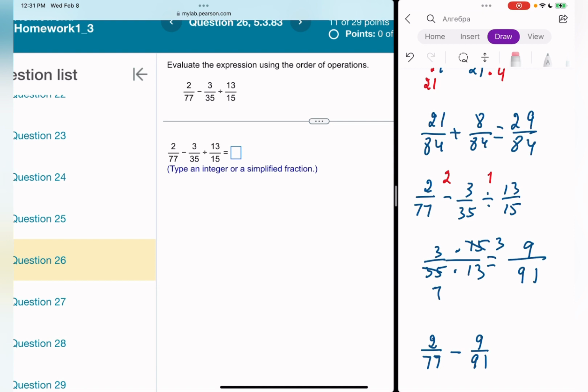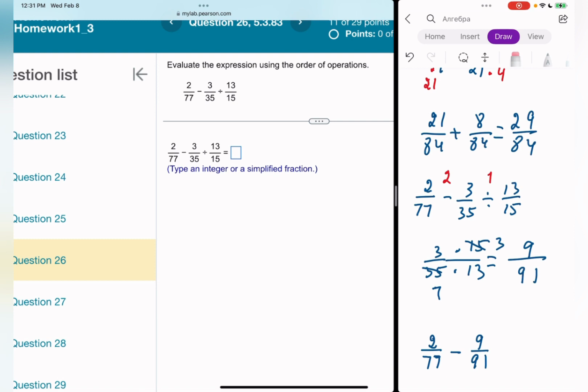91 times 5, I'm getting 455. Dividing by 77, it's not working. 91 times 6, I'm getting 546. I don't think this will divide by 77 because it ends with 6.